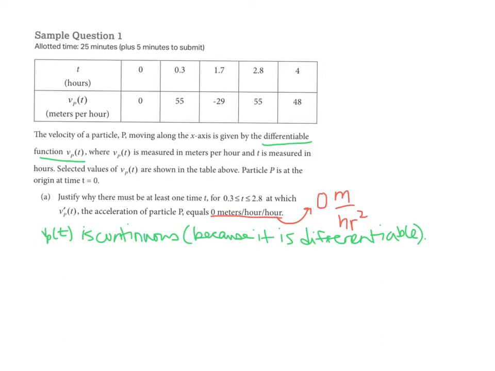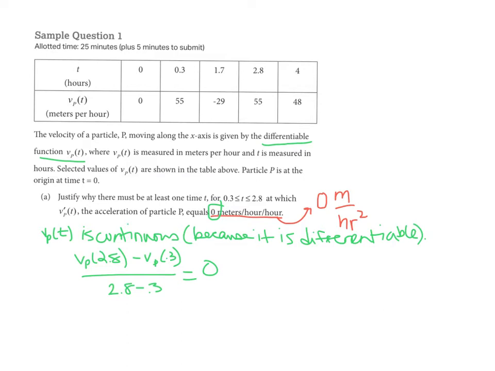So the average rate of change over that interval is going to be v of 2.8 minus v of 0.3 over 2.8 minus 0.3. You're going to notice that the velocity at 2.8 and 0.3 are both 55, so that actually is equal to 0, which is a good sign. That's what we want because they're asking us to show why the acceleration, the derivative of velocity, equals 0.